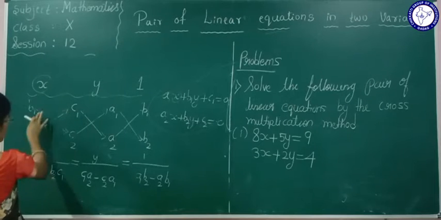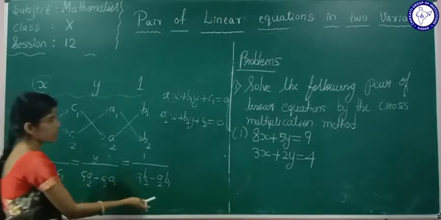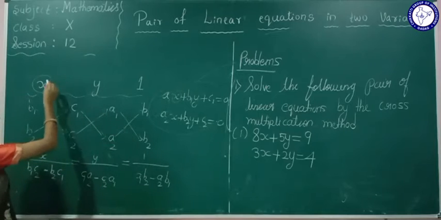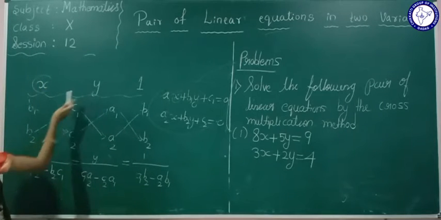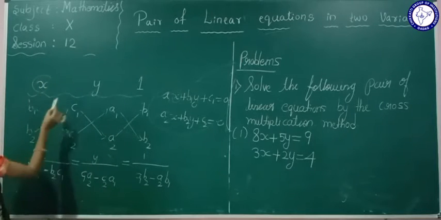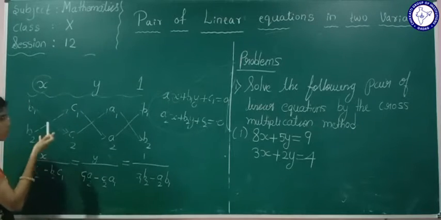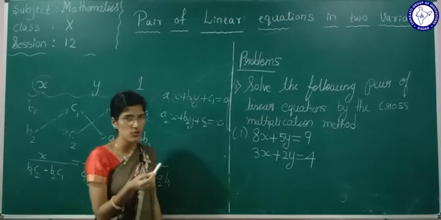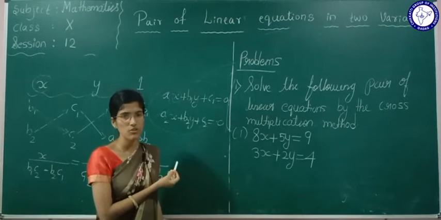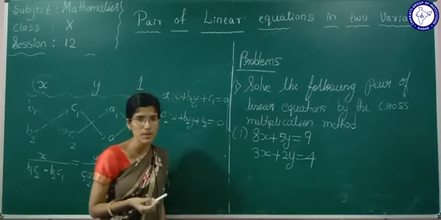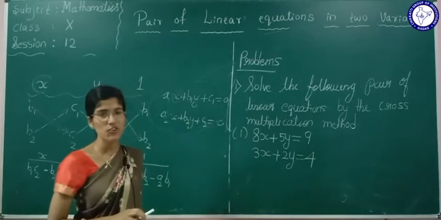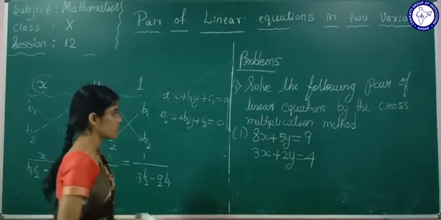This is somewhat cross. That's why the name is cross multiplication. We got the solutions of x, y. To get the value of x and y, we did cross multiplication. If you cross multiply, you are going to get the solution of the equations.